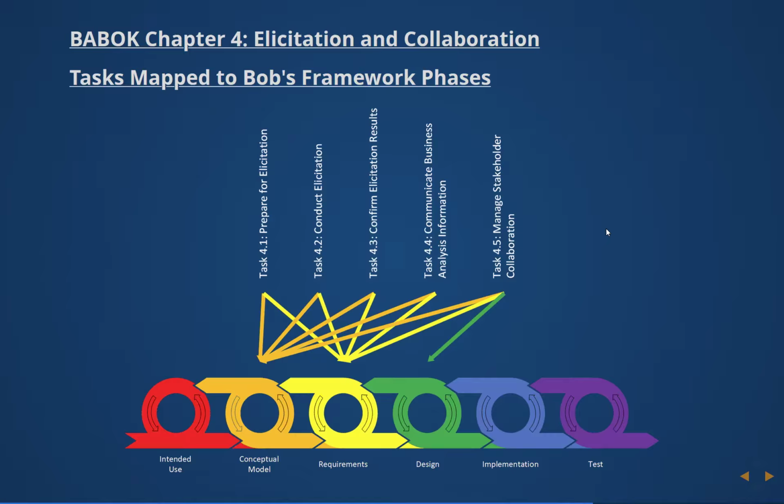I think discovery and data collection are the better ways to think about this in service of building a conceptual model. Elicit is generally something you get from people.